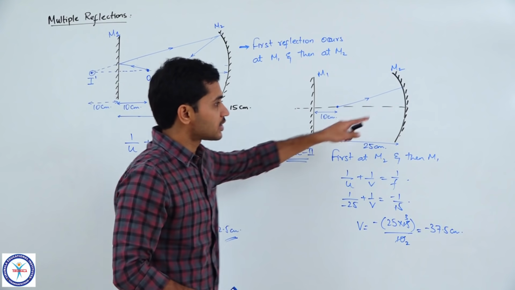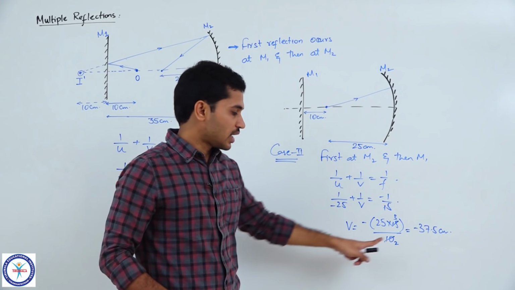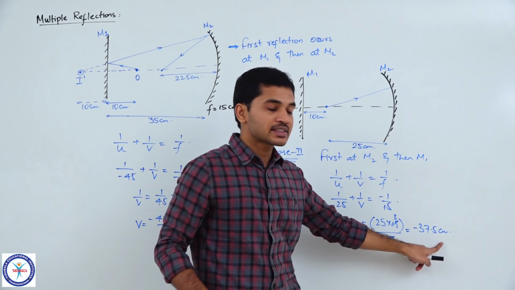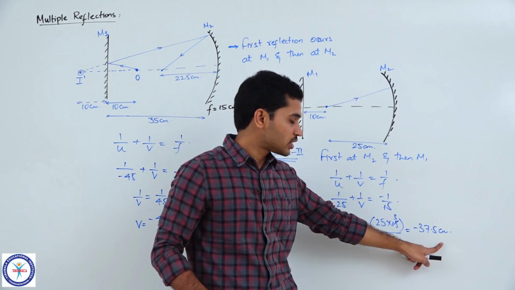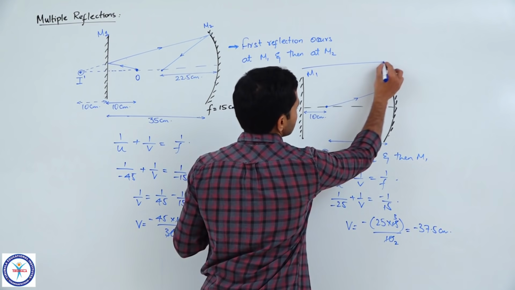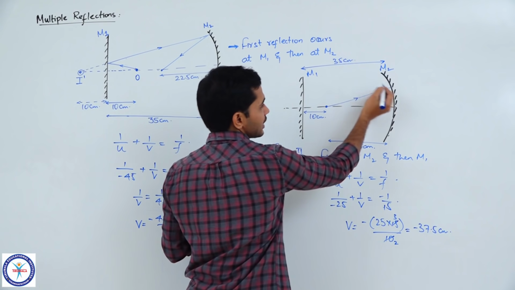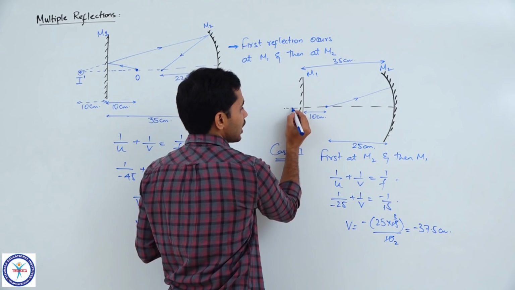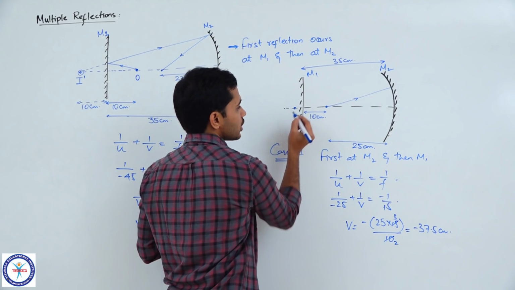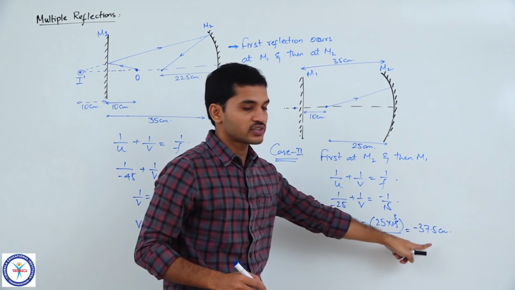Which means the light rays which are getting reflected from the concave mirror will converge at a point which is 37.5 centimeters in front of it. We know that this whole length is only 35 centimeters. So, the light rays which are getting reflected from here are trying to converge at a point which is over here, 35 centimeters plus another 2.5 centimeters.